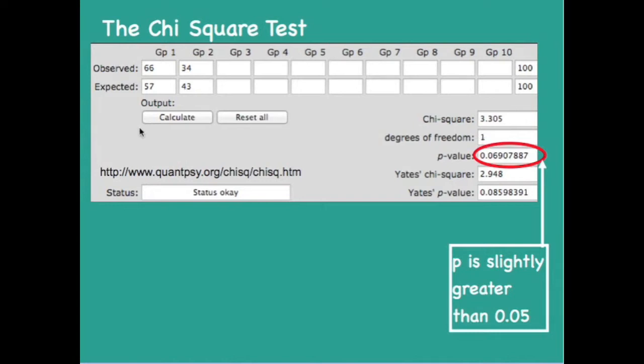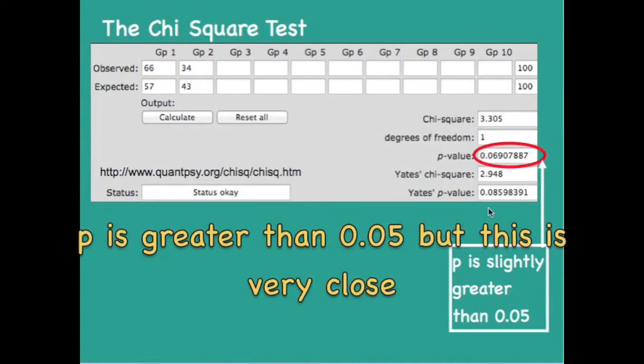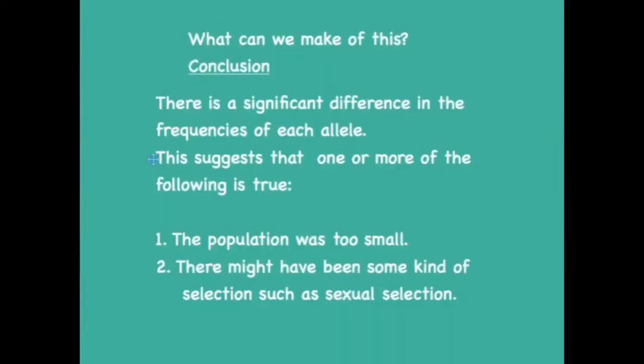The output from the test generates a p-value which is slightly greater than 0.05, and in accordance with standard scientific protocol, it means that we should consider reasons to explain this value of 0.06, for it suggests that the variation between the two samples may be associated with something more than just pure chance. There is a significant difference in the frequencies of each allele over the 6-month period, and this suggests that one or more of the following might be true.